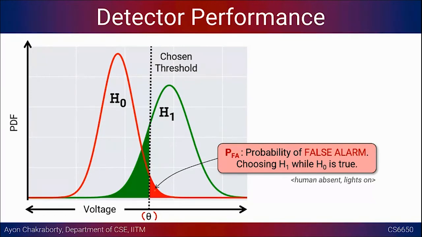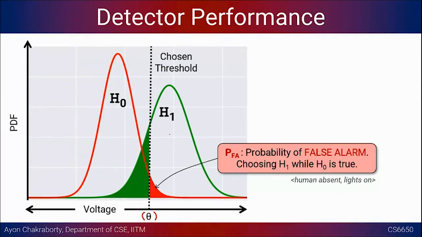That probability will be this much, the area under the curve on the right hand side of the dotted line. It still belongs to the distribution H0 because that is what has materialized. The person is not there, but since we have chosen this kind of a threshold, there is always a chance that we are going to raise a false alarm. So I hope this is clear. Please confirm.